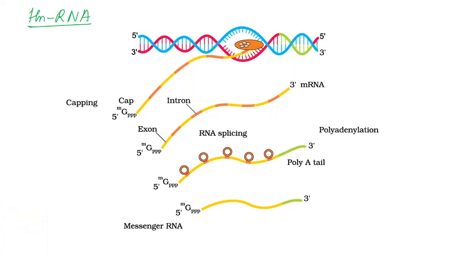So, what do you mean by hnRNA? Very importantly, in case of prokaryotes, the RNA which is produced will be the final molecule, but in case of eukaryotes, hnRNA will be produced. What do you mean by hnRNA?